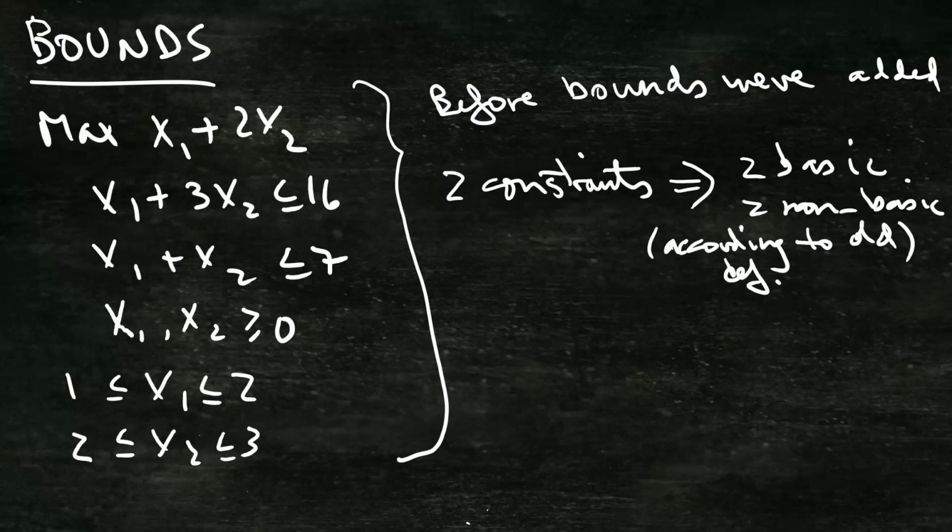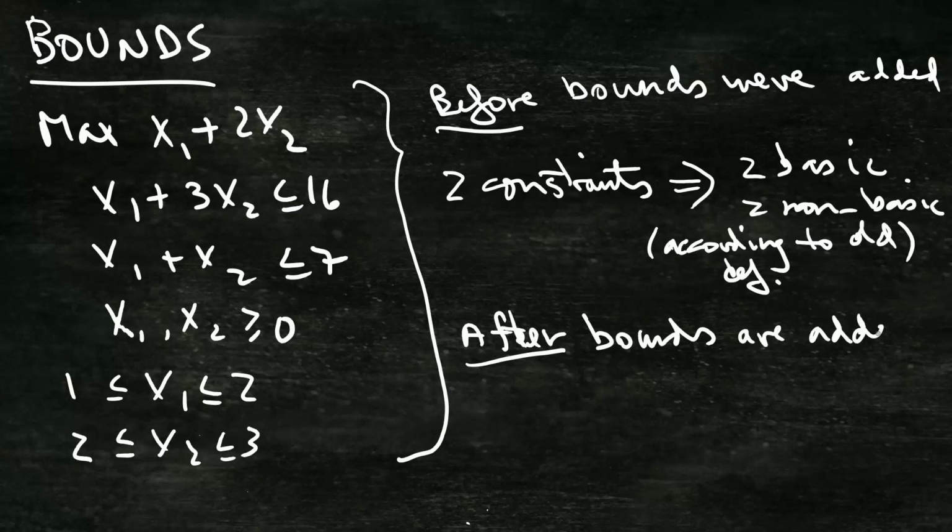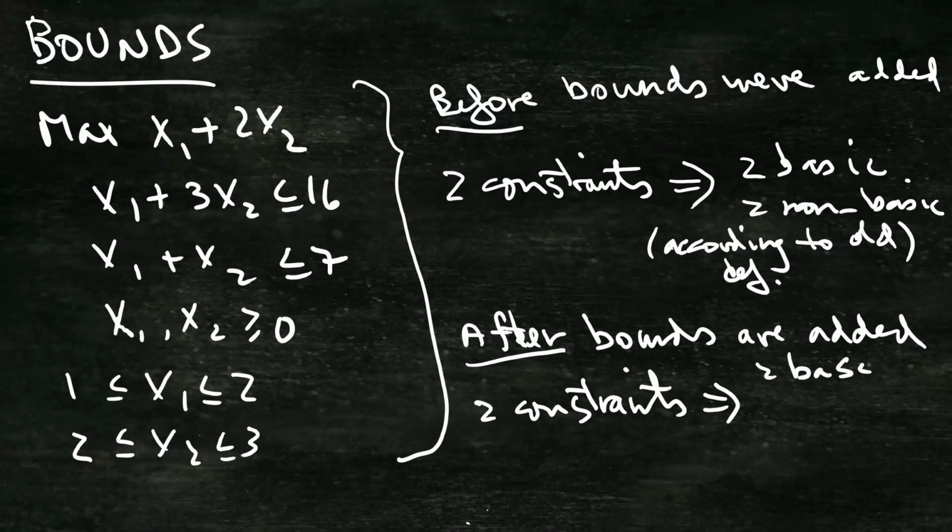Okay. So this is before. After bounds are added, but treated with a modified simplex and with the new definition of basic and non-basic, we will still have that 2 constraints implies 2 basic and 2 non-basic variables, but according to the new definition.